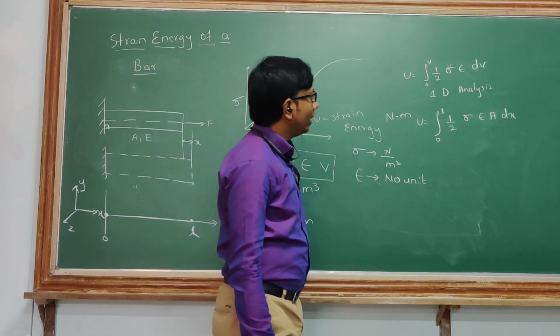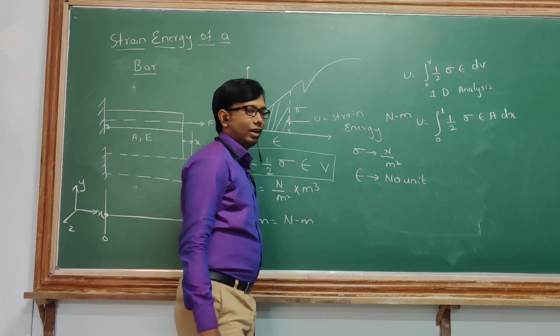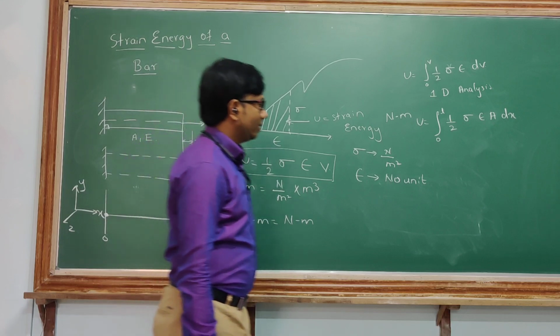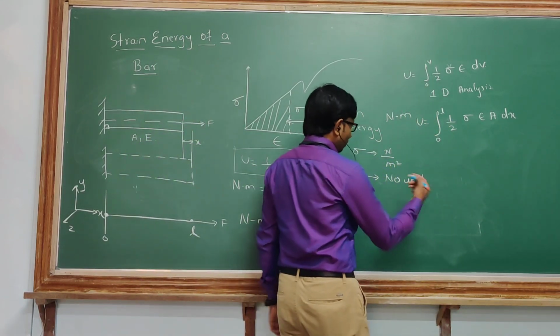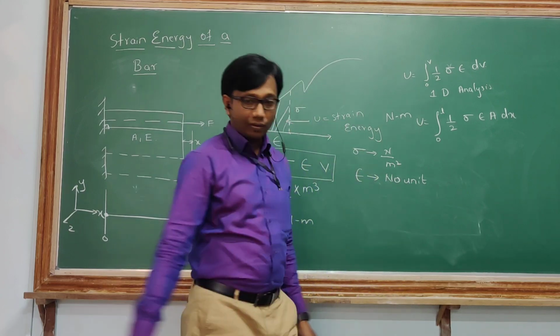So if I want to do 1D analysis, and if I want to generate the strain energy for one dimensional analysis, I will be using this particular equation. Similarly, I can modify this further.